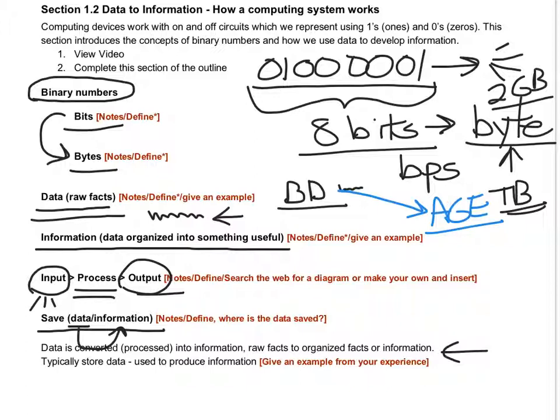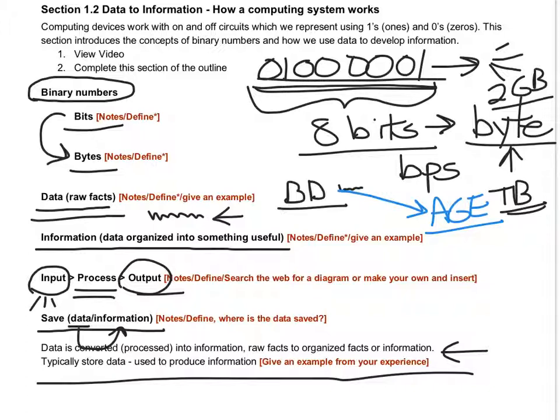So throughout the term, you'll hear me talk about taking data and converting it into information. You store all these ones and zeros on your iPod, and then the software converts those into music. Another example. And that's it for section 1.2, day-to-day information.